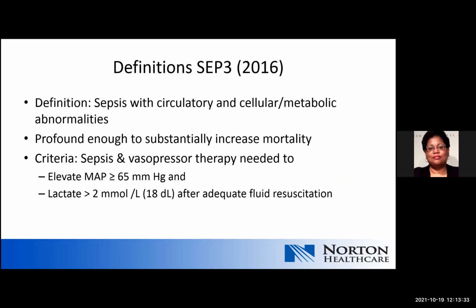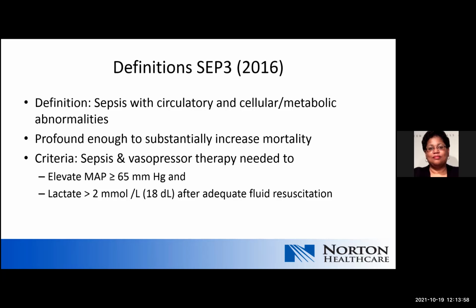Now, this is especially important because in 2016, Surviving Sepsis Campaign updated their guidelines and they made a huge update to the definitions, which is really important because they decided that the definitions that were put forth in 2012 were a little confusing. And so they wanted to try and make it a little more clear, recognizing that we already have issues with being able to diagnose sepsis itself.